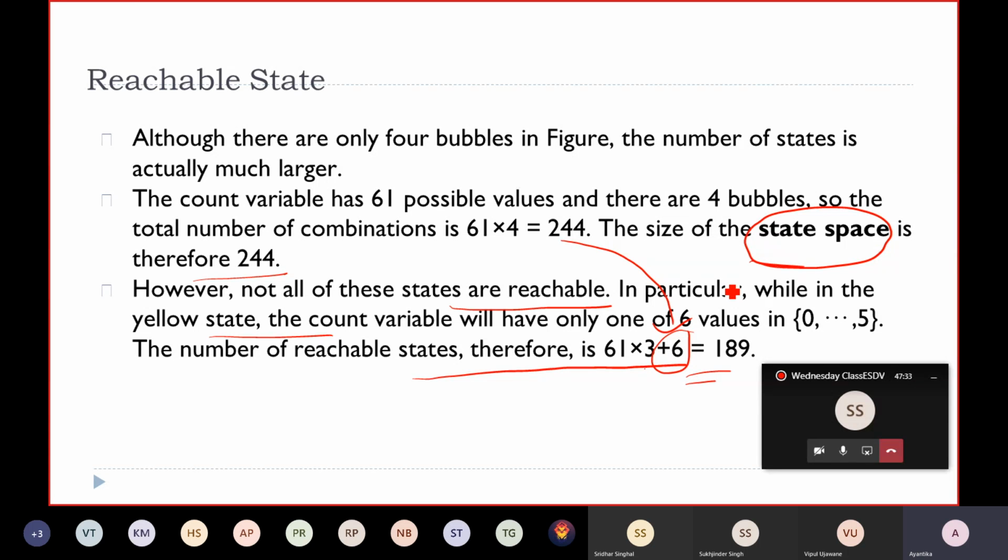Environment means what? Here the pedestrian, here the smart traffic controller that will give the sensor-based input to your car. So in that case, it is very important to analyze what my reachable states can be, because if I design the whole possible states, that may be huge.